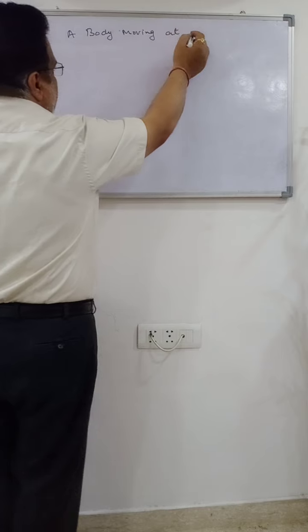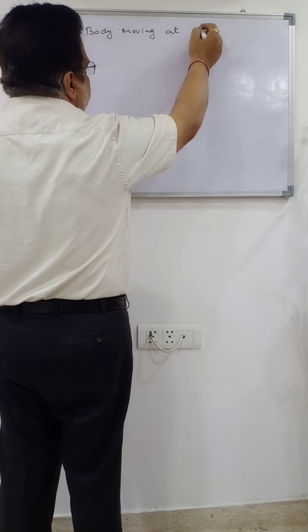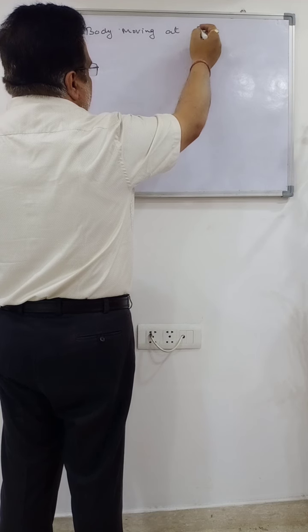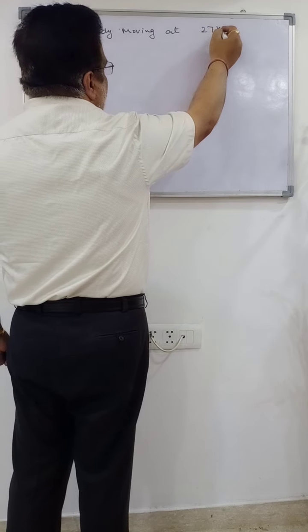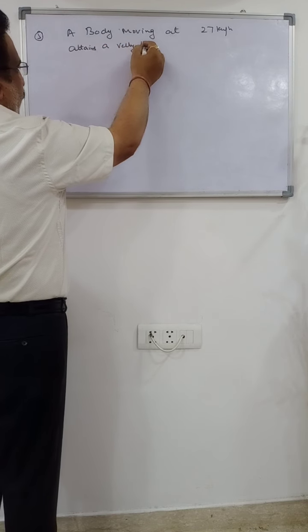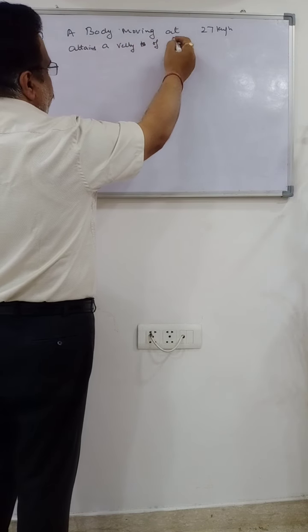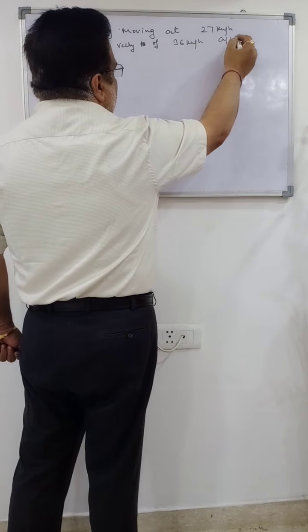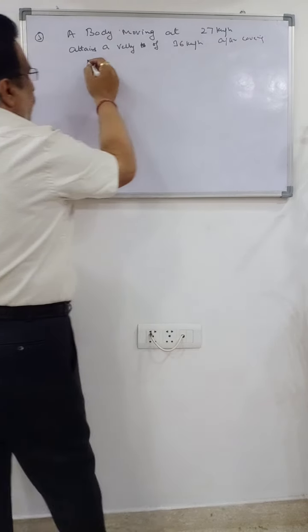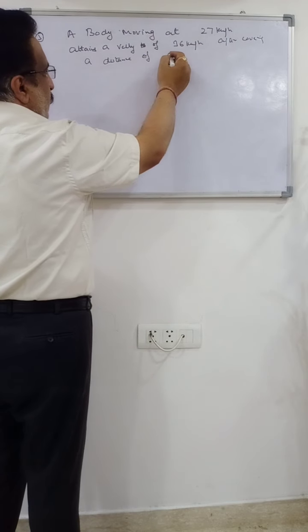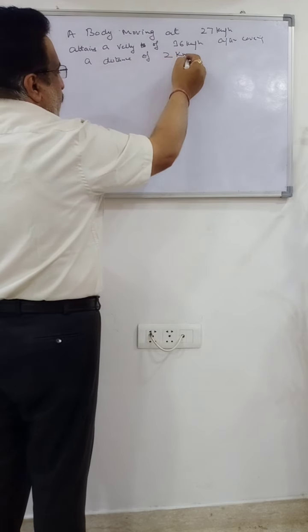A body moving at 27 km per hour attains a velocity of 36 km per hour after covering a distance of 2 kilometers.